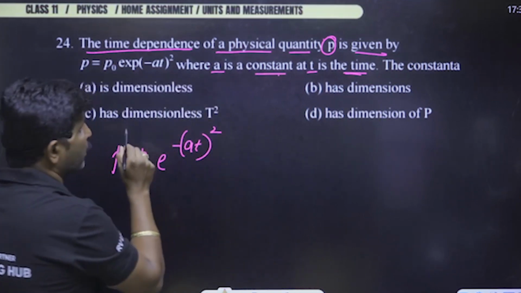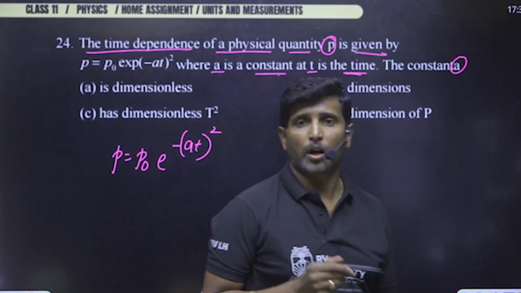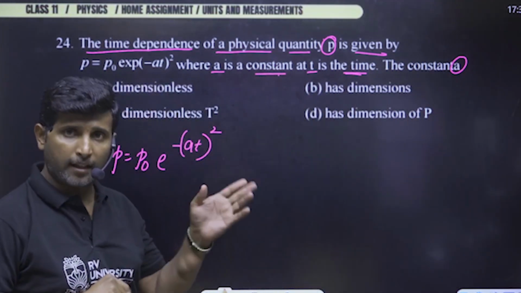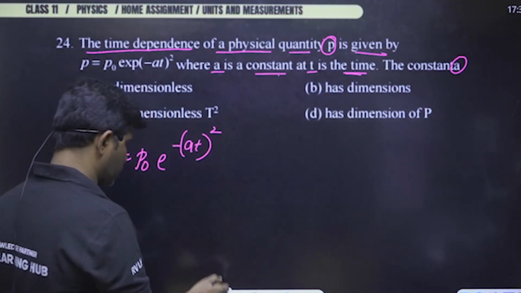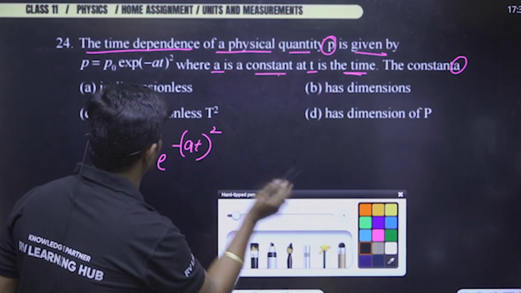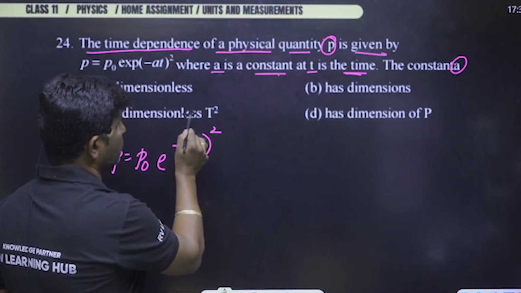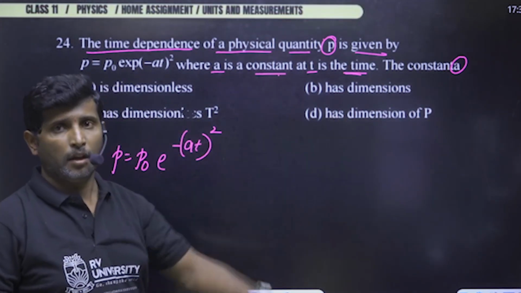Then the constant A is: we have to check whether the constant A is dimensionless, or has dimensions equal to T square, otherwise we can have the dimensions of P.